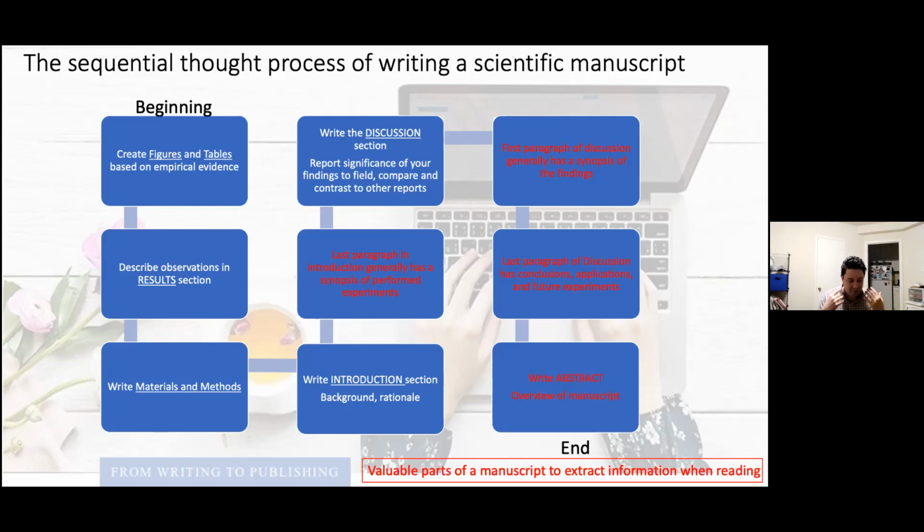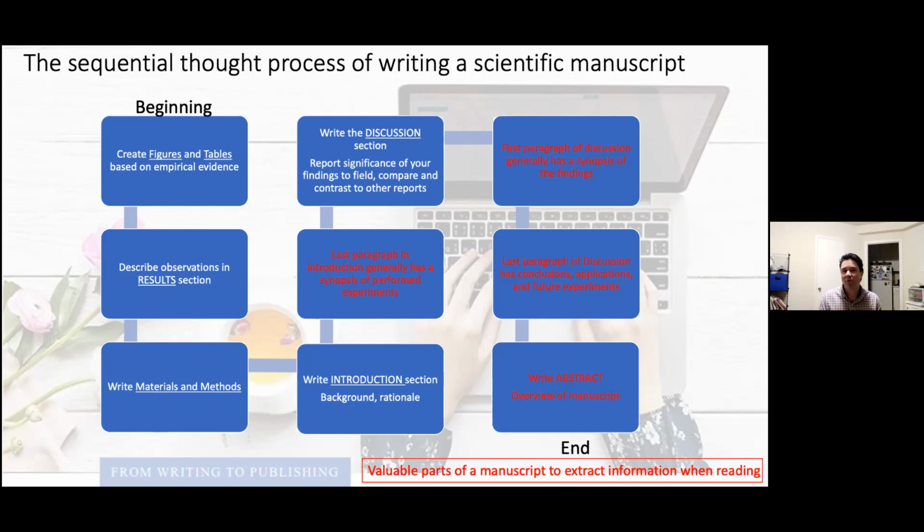And that's sort of my pitch today. There are certain regions in the manuscript where you can find interesting nuggets. And the last paragraph in the introduction is generally one of them, as it has information about the experiments that were performed, has a synopsis that's important. So that's an area that we're going to focus on a little bit later today.